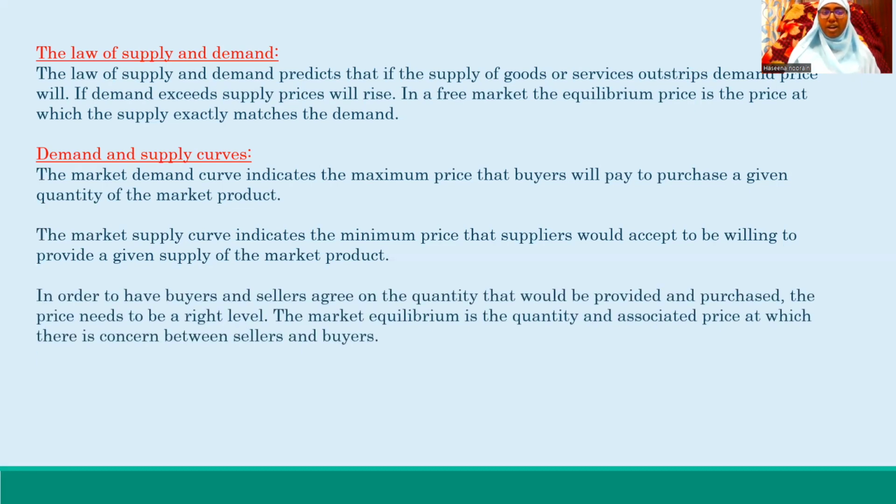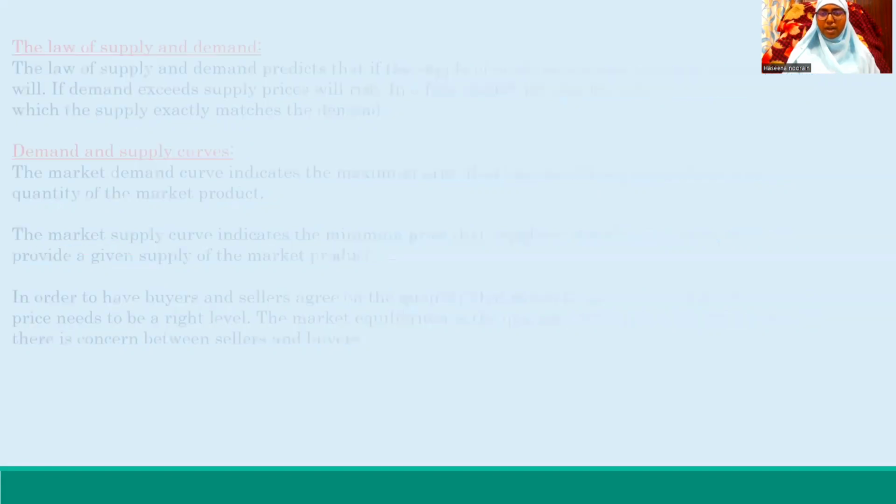So, in order to have buyers and sellers agree on the quantity that would be provided and purchased, the price needs to be at the right level. The market equilibrium is a quantity and associated price at which there is agreement between sellers and buyers. Here, it can be understood by a chart.